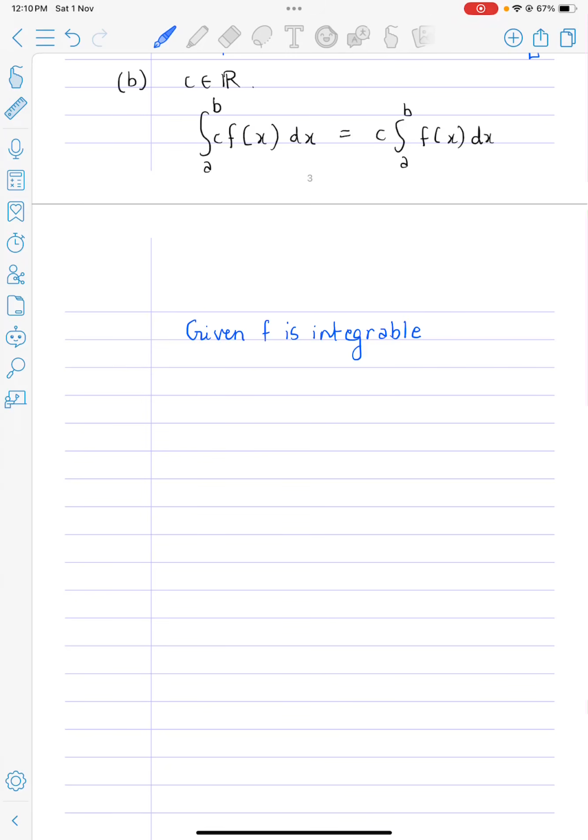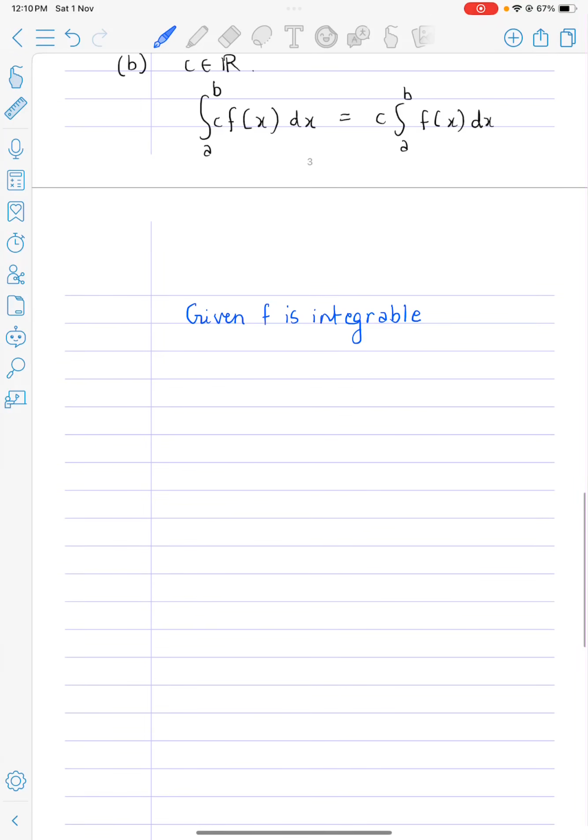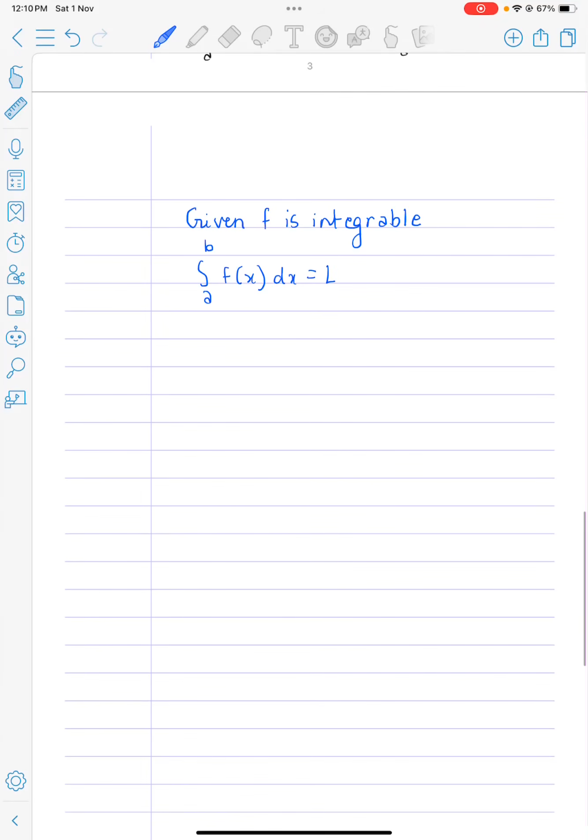So what is the definition? I'm going to denote the integral from a to b of f(x) to be L. Okay, so it is given f is integrable. So what does that mean?